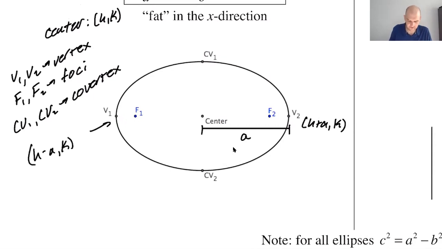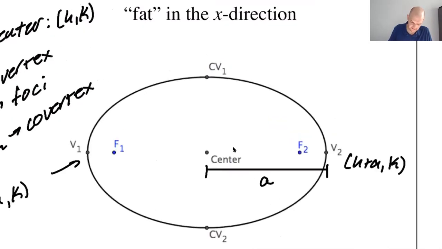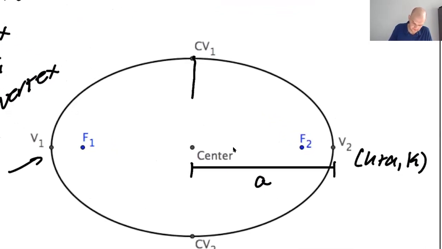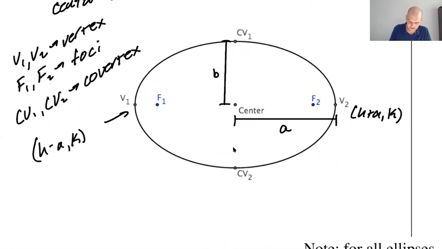The distance from the center to the covertex is b. So I'm going to do the same thing, and then I will move it to where it's convenient. So this distance is b. The distance from the center to a vertex is a, that's the bigger distance.